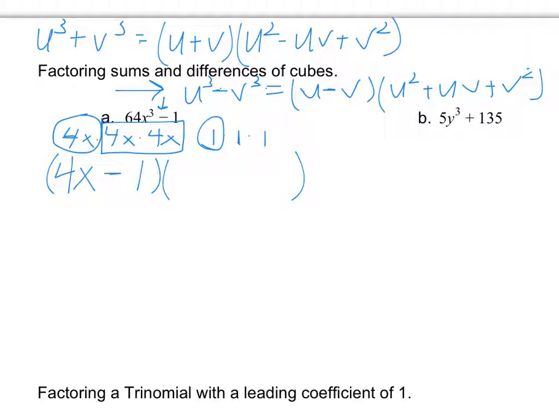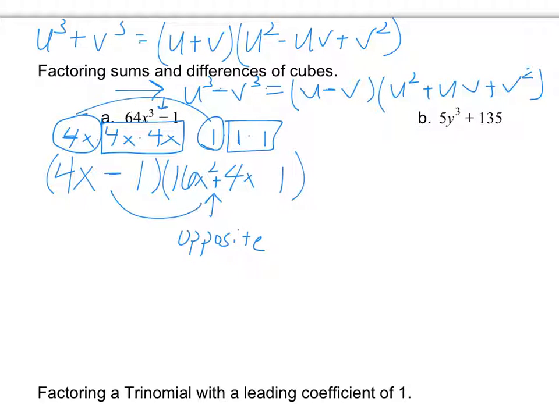I'm going to take the 2 that are left over from the first, the 2 that are left over from the last, and I'm also going to multiply 4x times 1, 4x. The sign here should be opposite of whatever it is that I see in the first parentheses, and my second sign is always a positive.